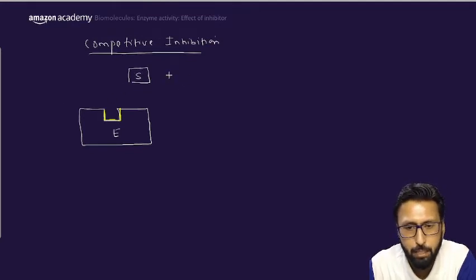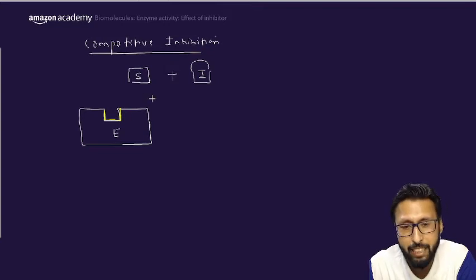But suppose we have a similar looking chemical, which we'll call the inhibitor, which can also bind with the active site of this enzyme. Since both of them can bind with the active site, they compete with each other for the active site of the enzyme.